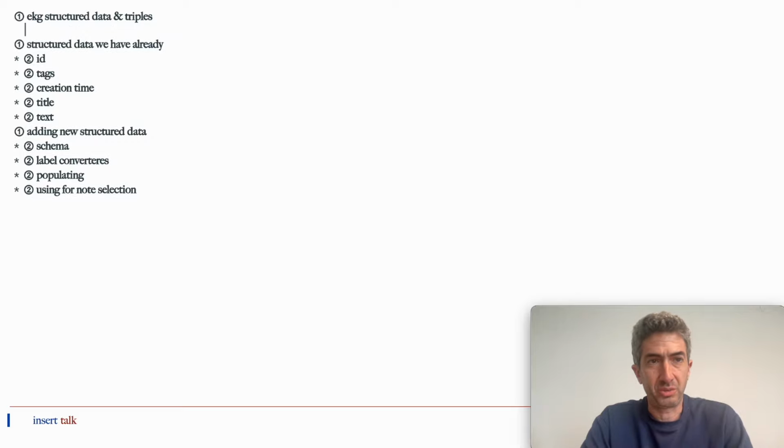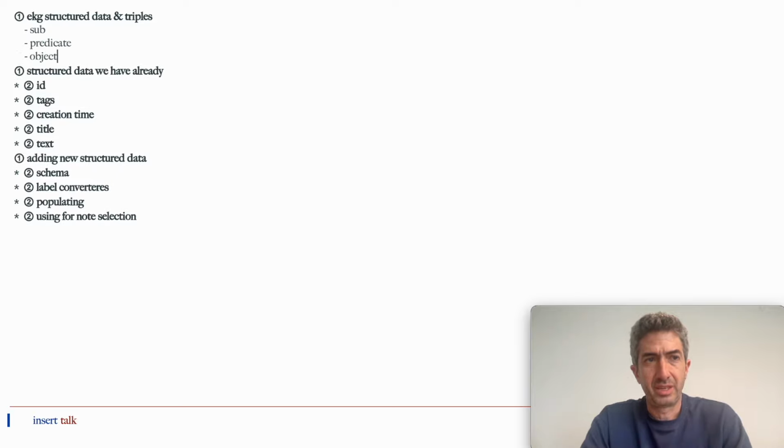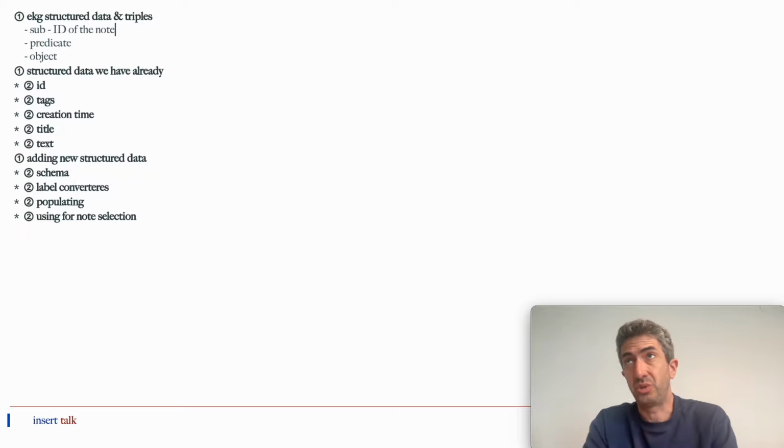What are triples? A triple is subject, predicate, object. This is how we represent all the data in the database. The subject, for EKG, is the ID of the note. This ID is usually a number, like a unique number.